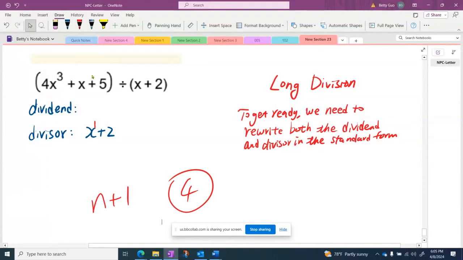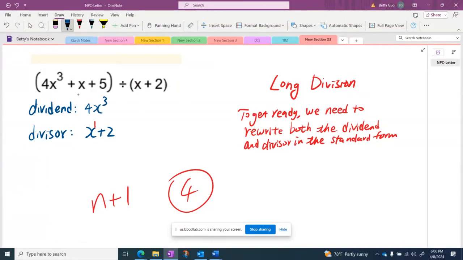But look at the dividend, 1, 2, 3, it is a trinomial. It only has 3 terms so far. Anyone can tell which term is missing? And how do we compensate the missing term to write the standard form of the dividend?